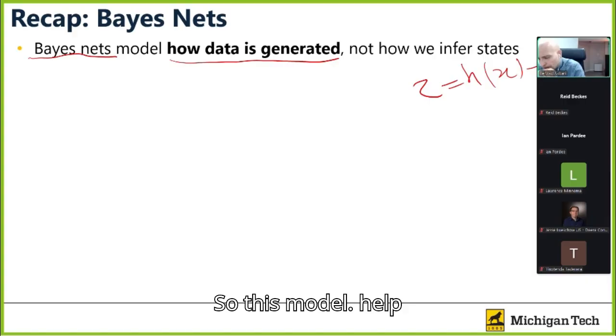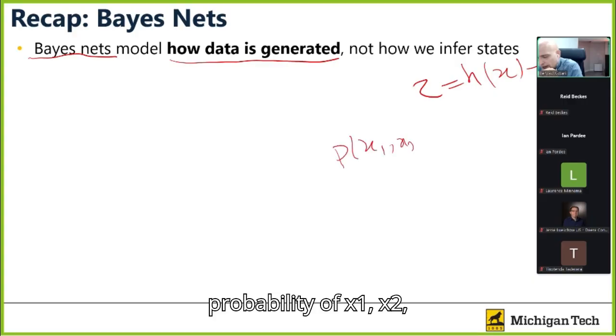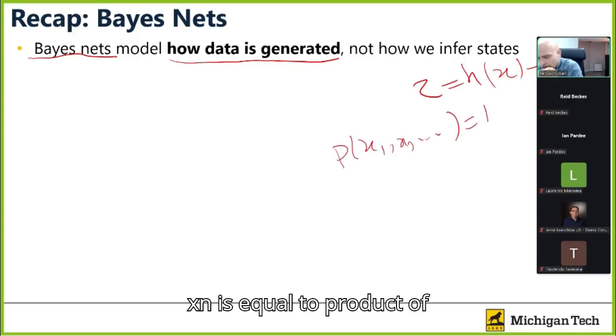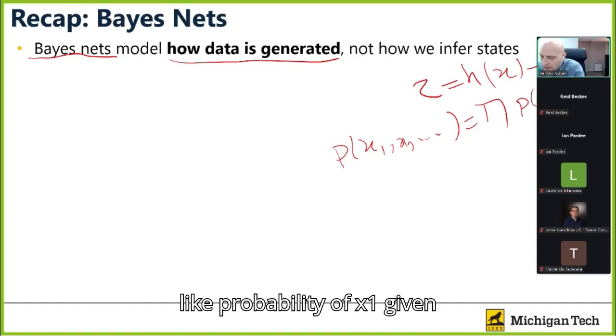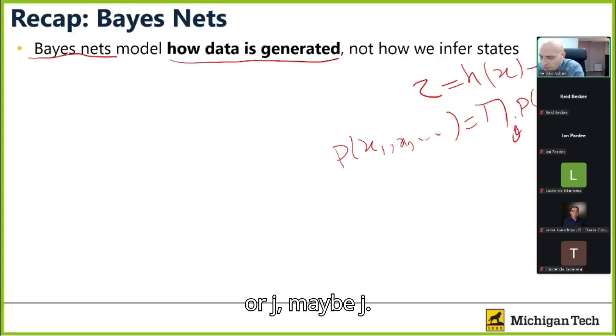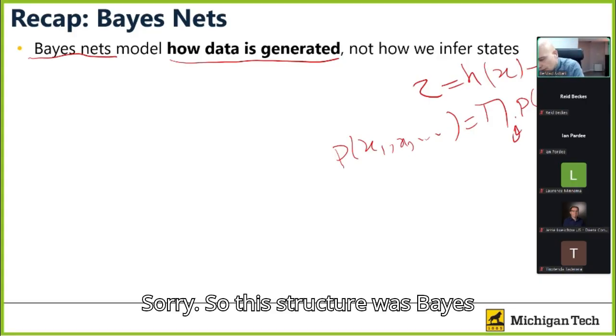This model helps us to find the probability of x1, x2, ..., xn, which is equal to the product of probabilities of xi given the parents of xi. So this structure was Bayes net.